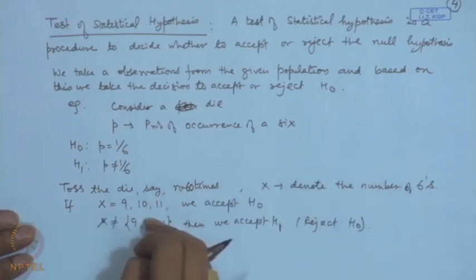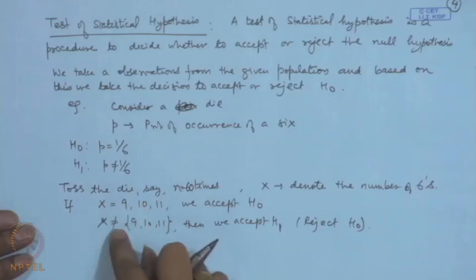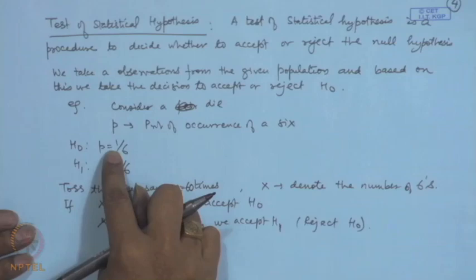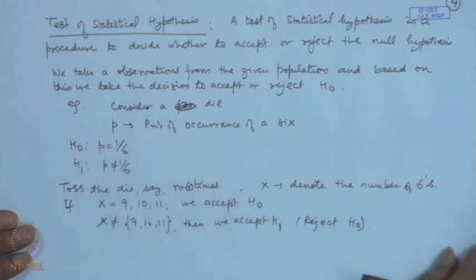Then this is a test procedure, because based on the sample we are taking a decision whether to accept H naught or to reject H naught. Here I would like to clarify, when we say that we accept H naught or we reject H naught, these statements do not have the validity of a truth.